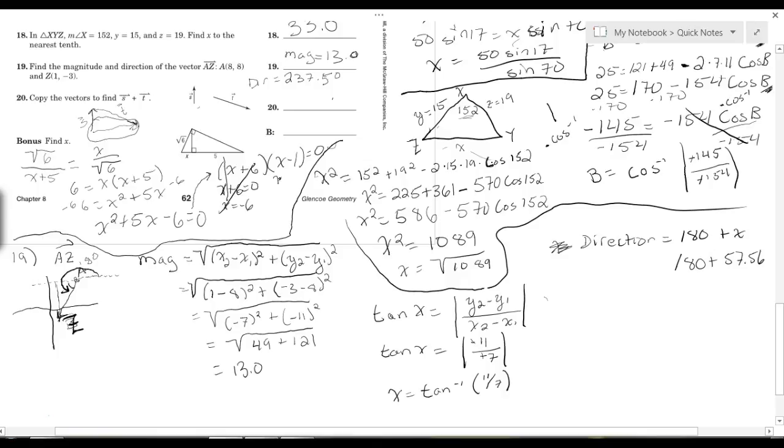What if I do x minus 1 equals 0? Well then, x equals 1. That works because that's a positive number. So my answer for the bonus is x equals 1. And that is a review of the test, just a few seconds short of an hour.